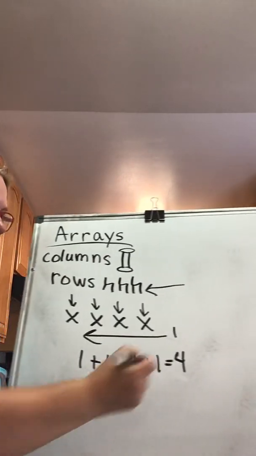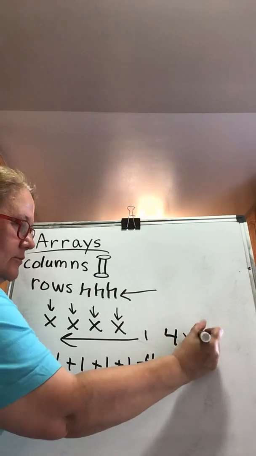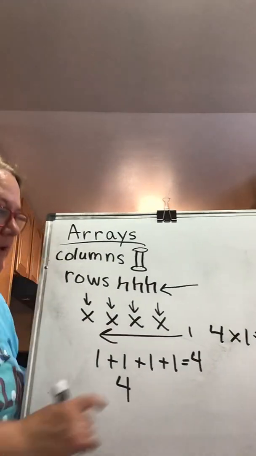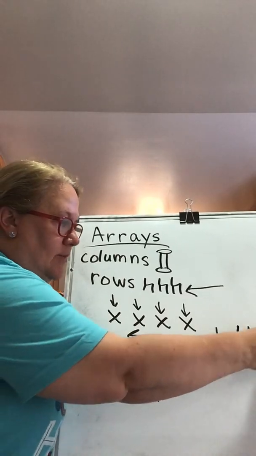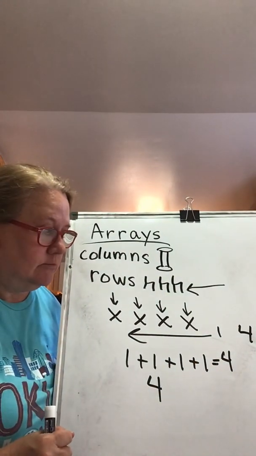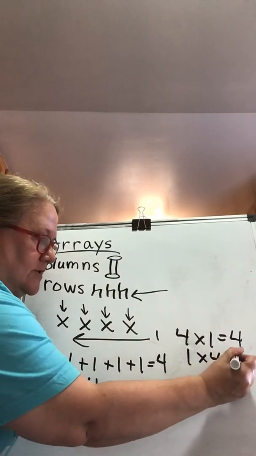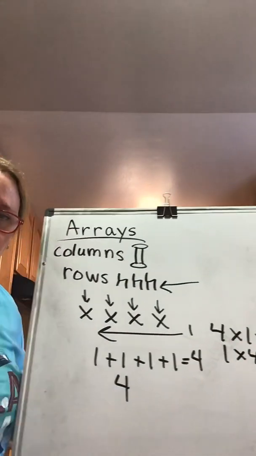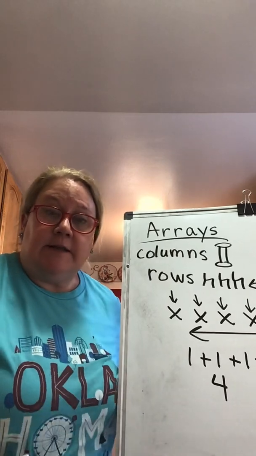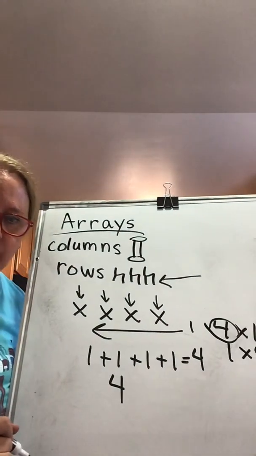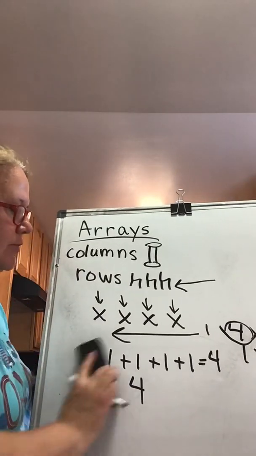And how you write that is 4 times 1, counting by 4s one time equals 4. Or if I count by 1 4 times, it equals 4. And you're kind of getting the idea that anything times 1 is the other whole number. It's 4.